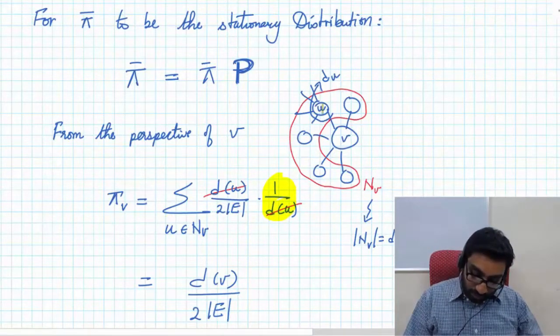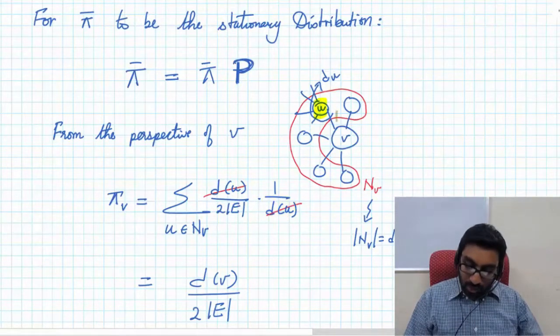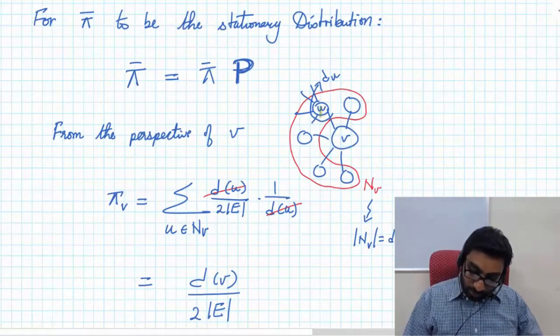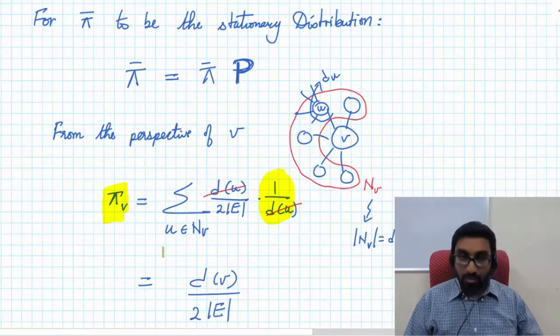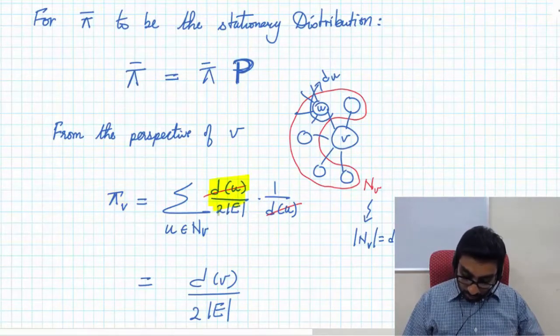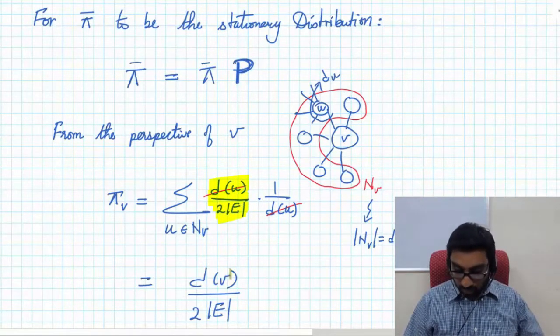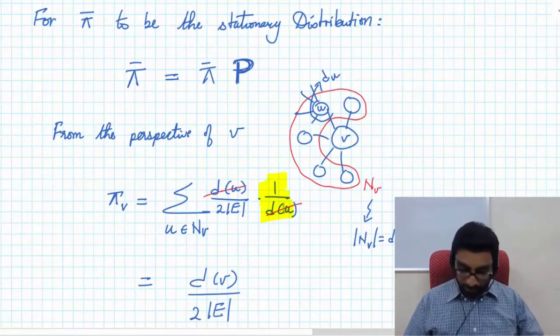Why is that? If you look at the vertex u, there are d_u neighbors, and each one of them is chosen equally likely. So the probability that a random walk token that's at u will take this edge and come to v is 1 over d_u. So pi_v is the summation over all the neighbors u of the stationary distribution component corresponding to u, times the probability with which the token will move from u to v.